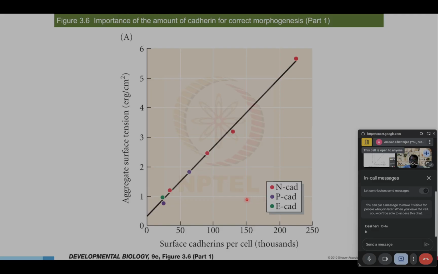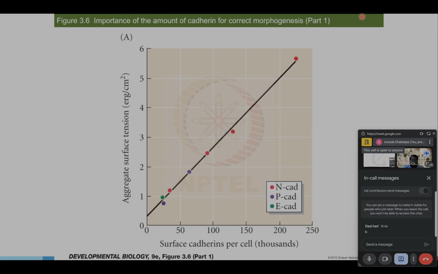What they did is take different amounts of cadherins and express them in different cells. And what they saw is that as the number of cadherins on the surface of the cell increased, the surface tension also increased.